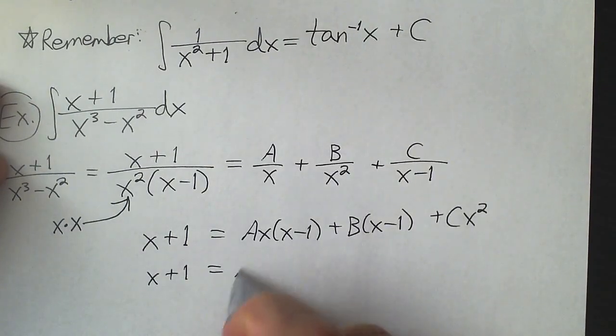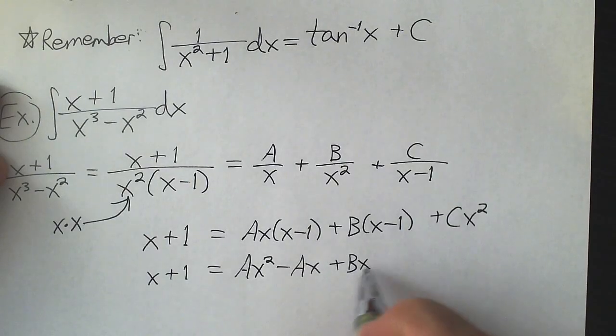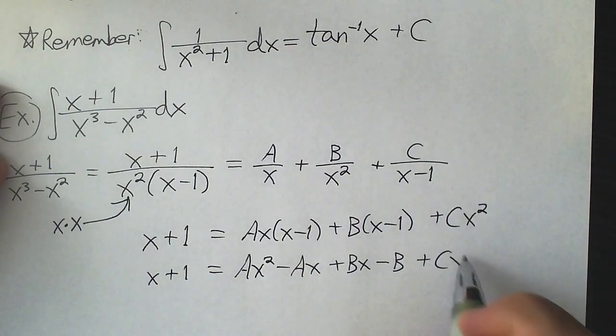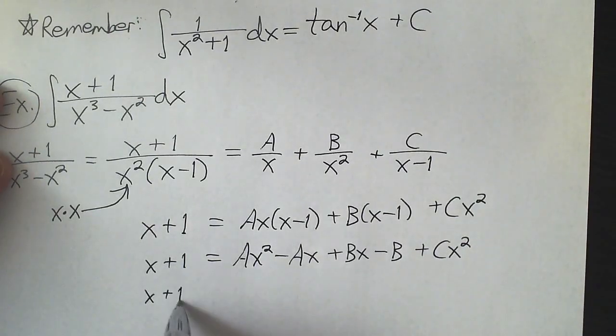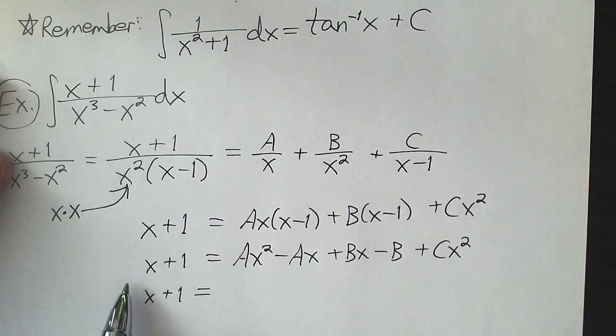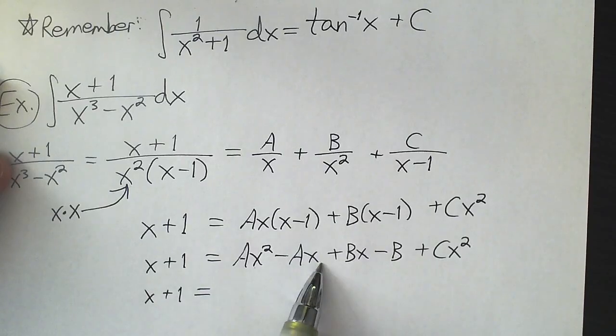All right, so then usually once you get here, you start distributing because next we're going to sort of combine or group the terms together. On the left-hand side, I have something with an x and then plus 1. On the right-hand side, I have some x squareds, some x's, and at least this constant here.